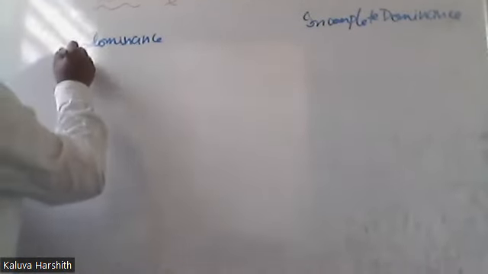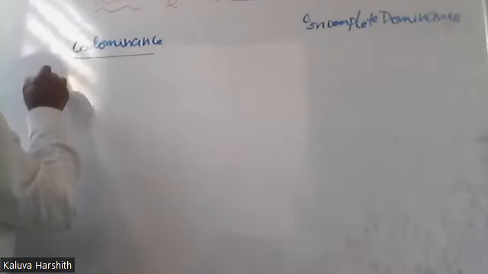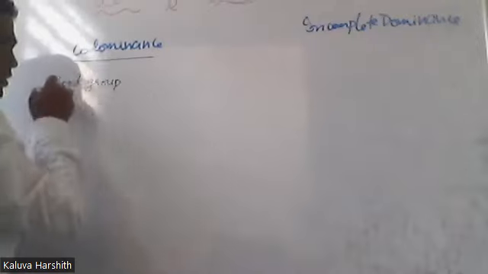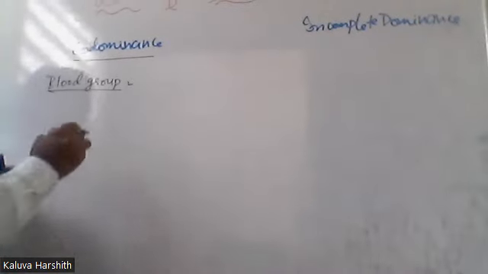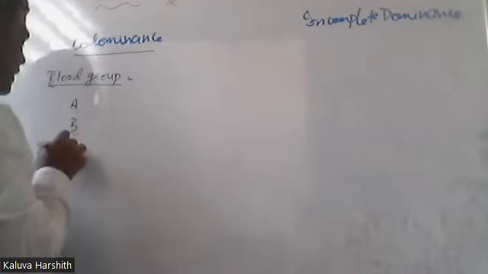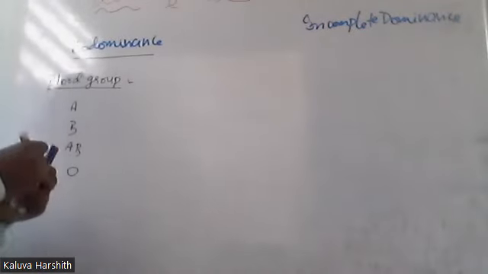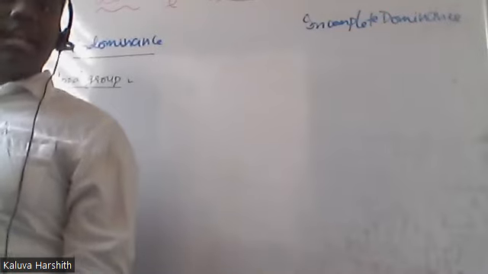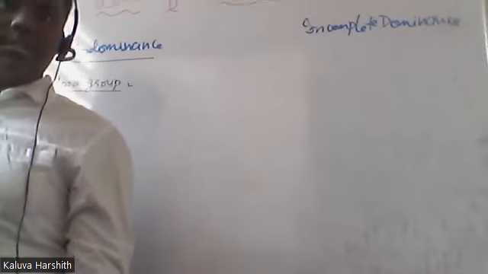Codominance. The best example for codominance is blood group, that is A, B, AB, O blood groups. So how is this the case of codominance?